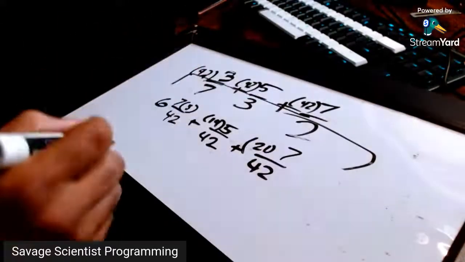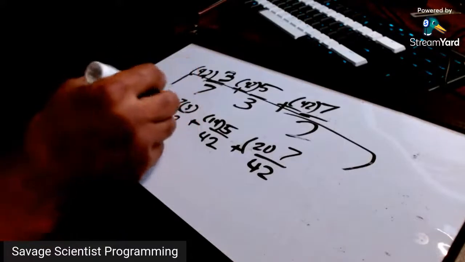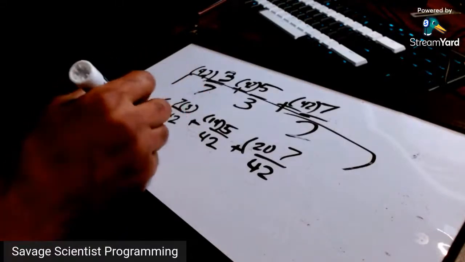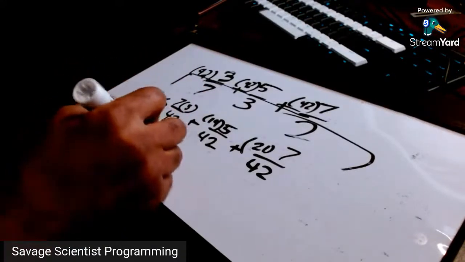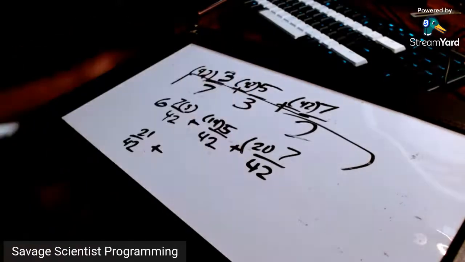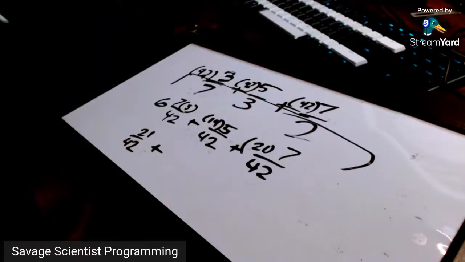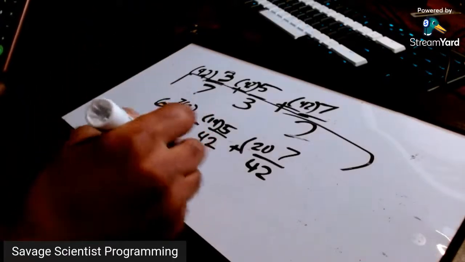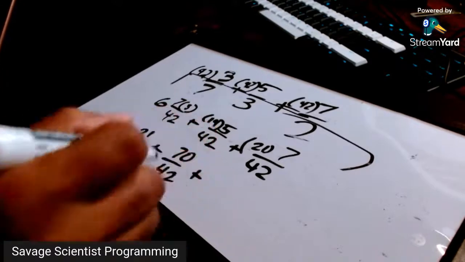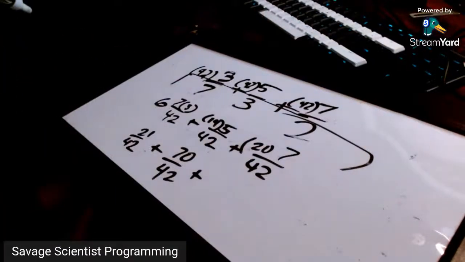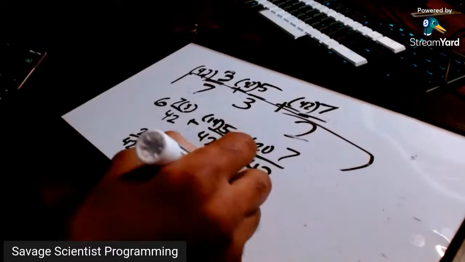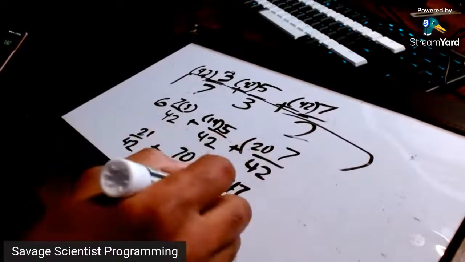So now let's add all this together. So now let's go to the next step. 7 times 3, 21 over 42 plus 5 times 14. 5 times 14 is going to give us 70 over 42 plus 21 times 7 is 147 over 42.